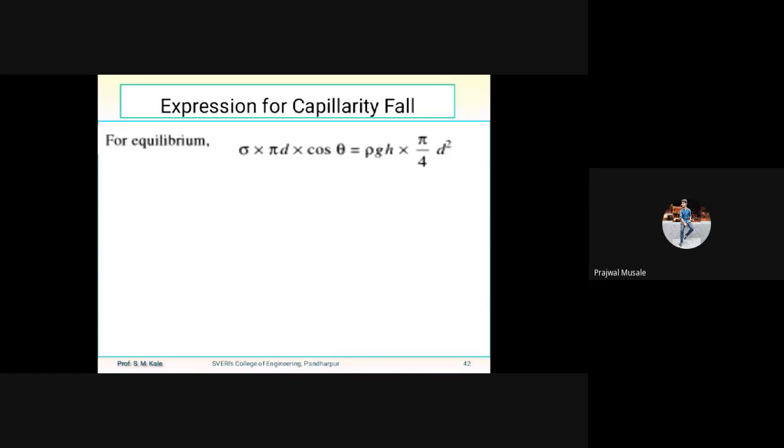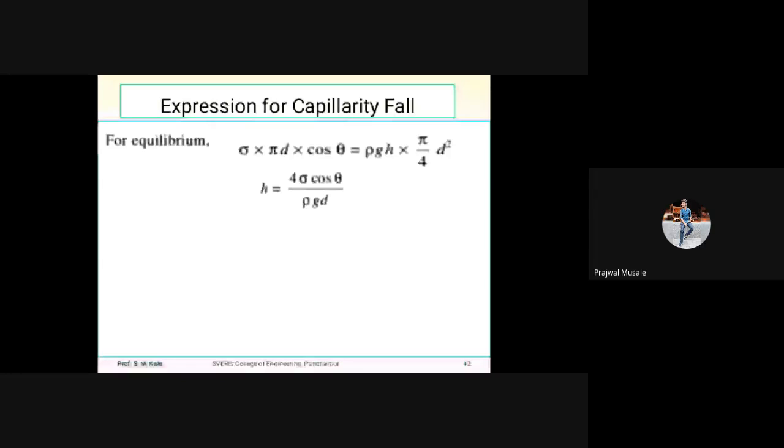As our ultimate aim is to find the capillarity fall, here also we have to find the value of h. So the value of h, after rearranging the terms, pi will get cancelled, d will get cancelled, and the same general equation which we got in the previous case, I will get here also, that is h is equal to 4 sigma upon rho g d.